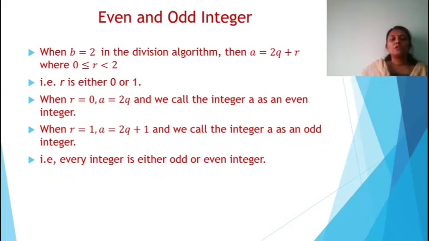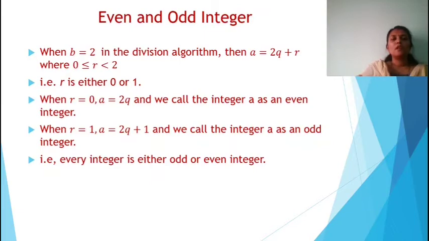When b is equal to 2, the equation is a equal to 2q plus r, where 0 less than or equal to r less than 2. So r is either 0 or 1. When r is equal to 0, a is equal to 2q, and we call the integer a an even integer. Any even integer is a multiple of 2. 20 is 2 into 10, 30 is 2 into 15.